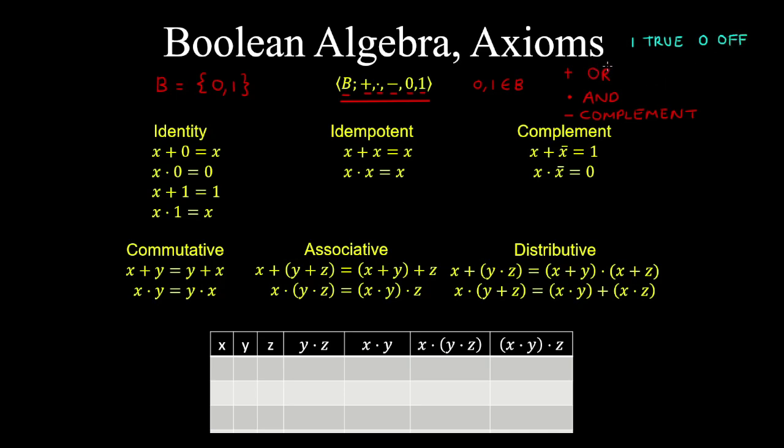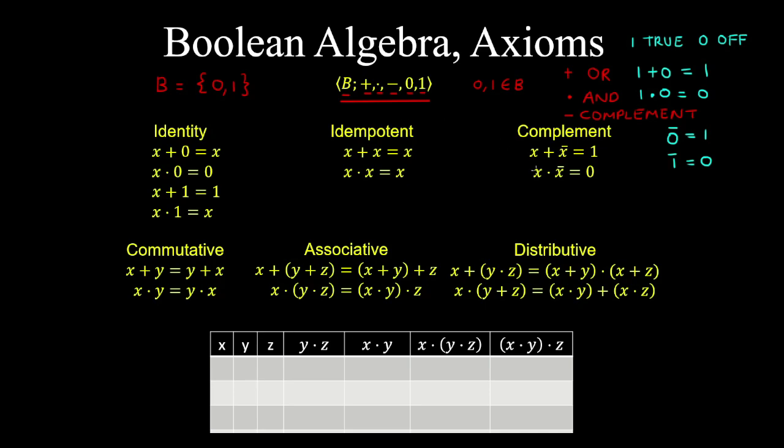And an example of an OR operation is true or false will give true, because either one of these has to be true. But true and false is false, because both of these have to be true for the AND operator to evaluate to true. And with the complements, we have the complement of 0 is 1, and the complement of 1 is 0.